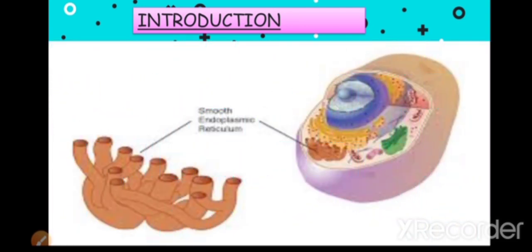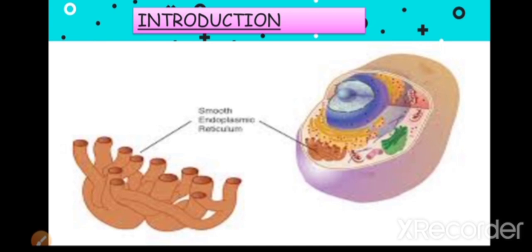If we are talking about the history of the endoplasmic reticulum, then remember, this term was first coined by Potter in the year 1953. When Potter was observing the liver cells in the electron microscope, he found a specific structure in the cytoplasm of the cell.